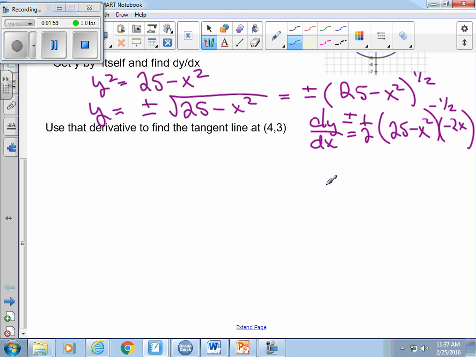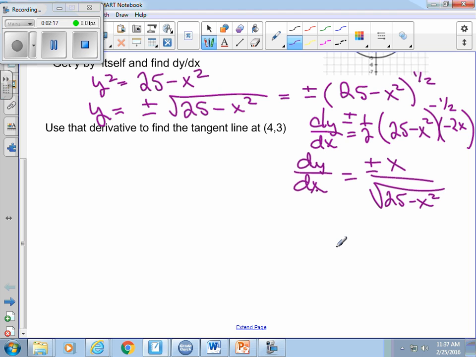You could simplify it if you want to. I'm not going to, but you could. Well, I guess I'll show you. If the 2's cancel, you would get plus or minus x on the top, the square root of 25 minus x squared on the bottom.